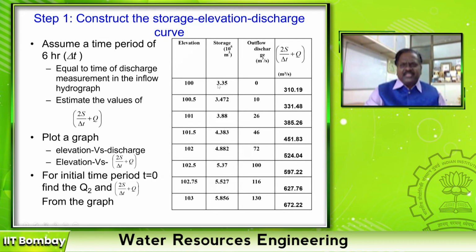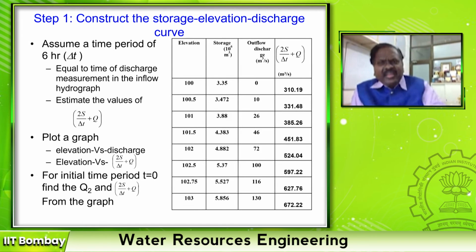S is the storage in 10 power 6 meter cube, and discharge is meter cube per second, right? So you divide this storage 3.35 into 2 divided by delta T, which is 6 hours. Convert that into seconds and then add the outflow discharge. Okay, that is the relationship.